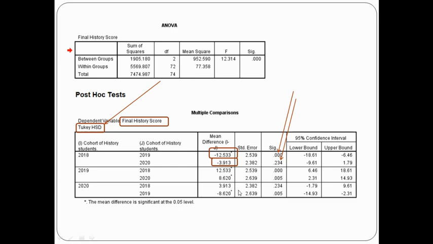Let us look at the last group, in this case, between cohort 2019 and 2020. Well, cohort 2019 scored 8.62 points higher. And if we go to the p-value, it is 0.005, much lower than 0.05 or 5% that we need in order to reject the null hypothesis.